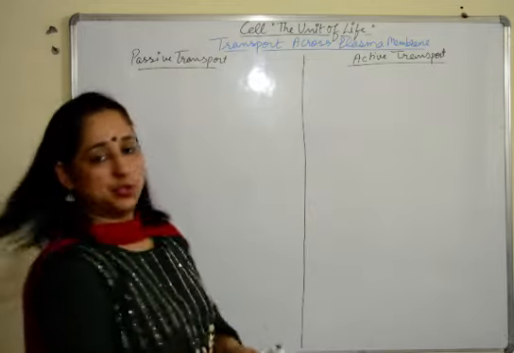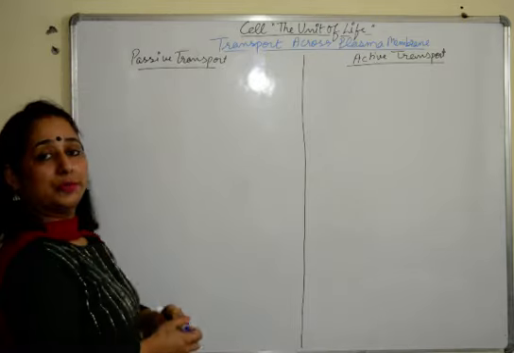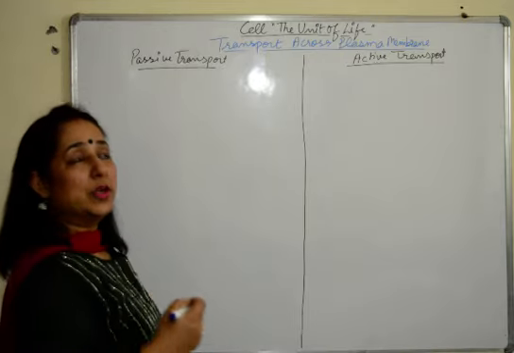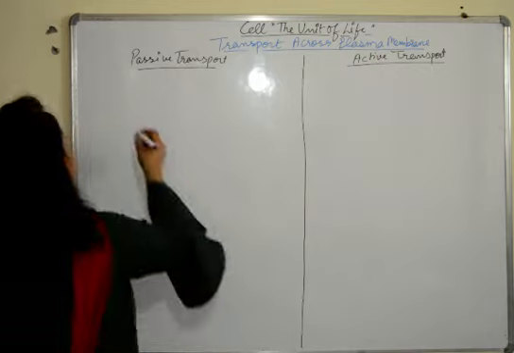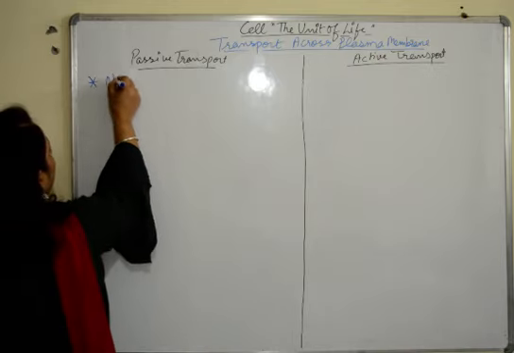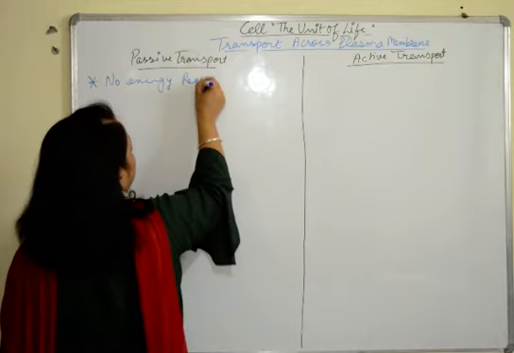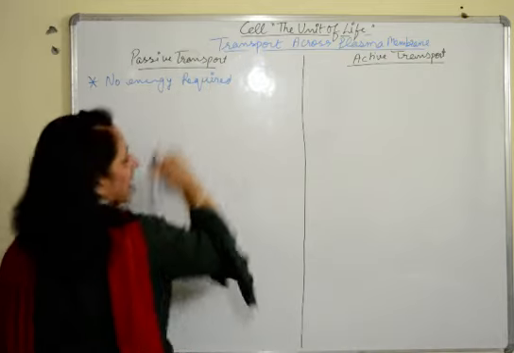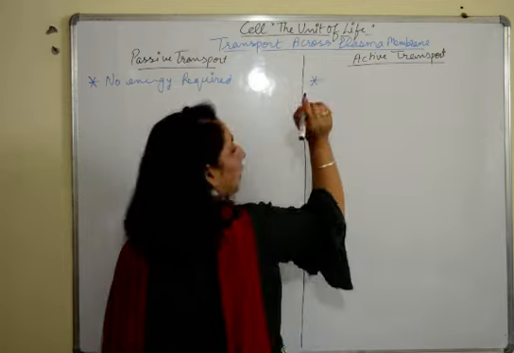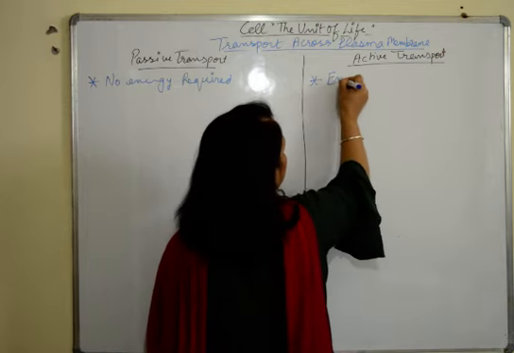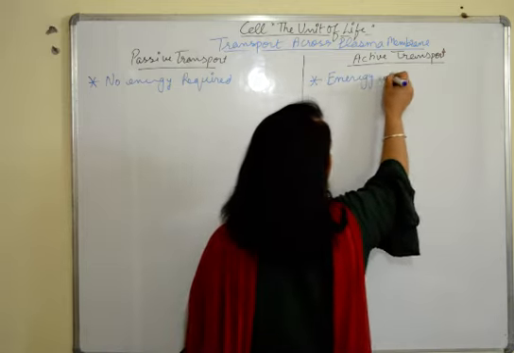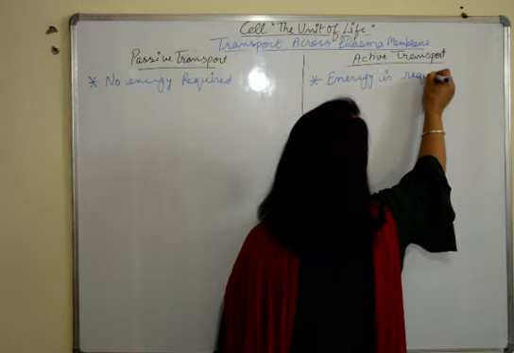So please pay attention. Passive transport, first of all, is the one which occurs without using any energy. No energy required. Whereas active transport occurs, energy is required.